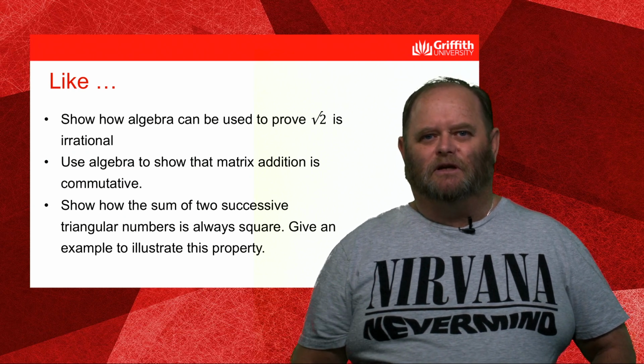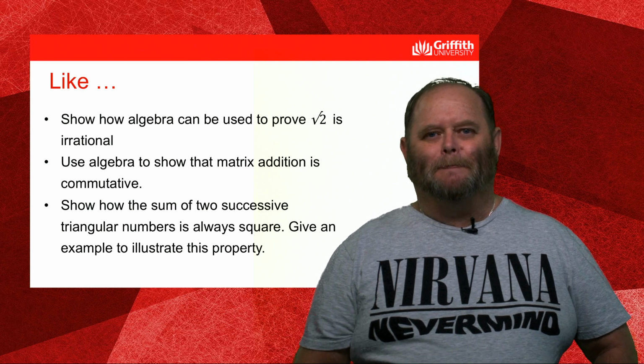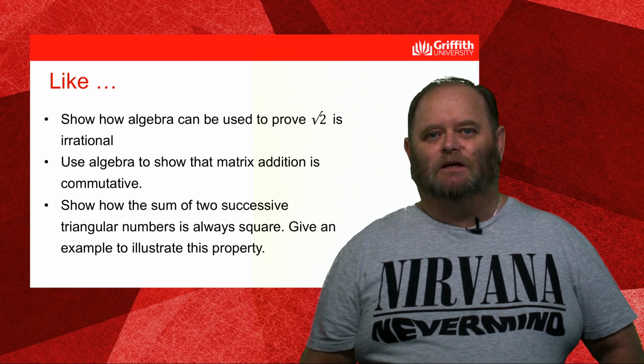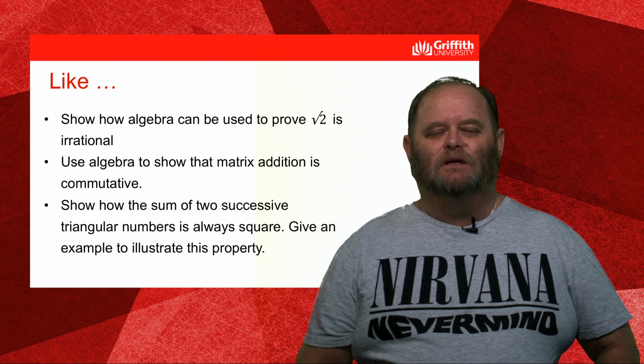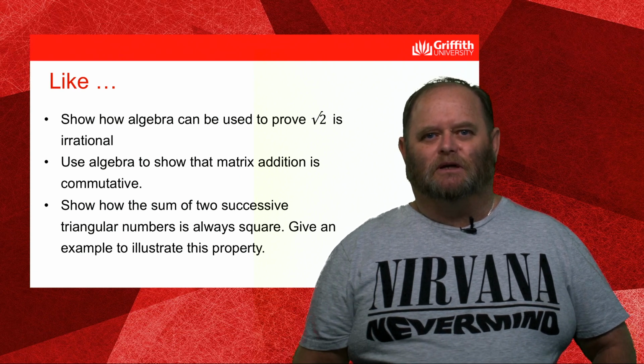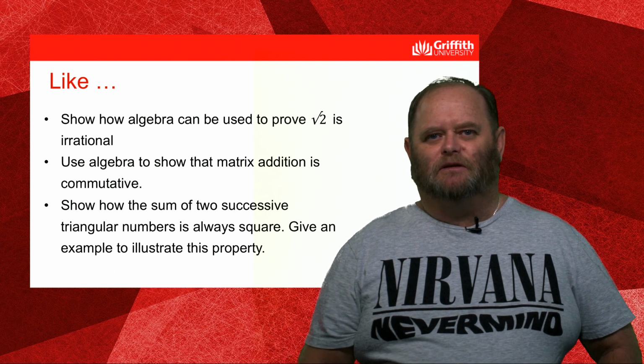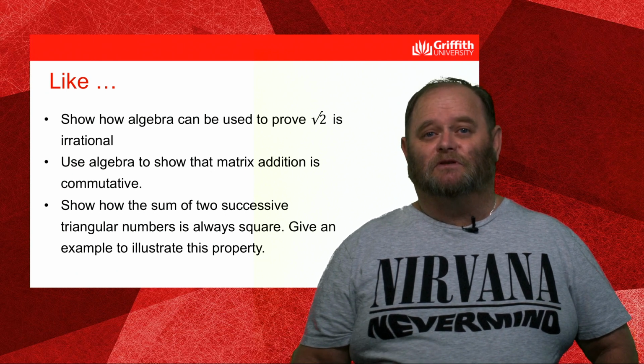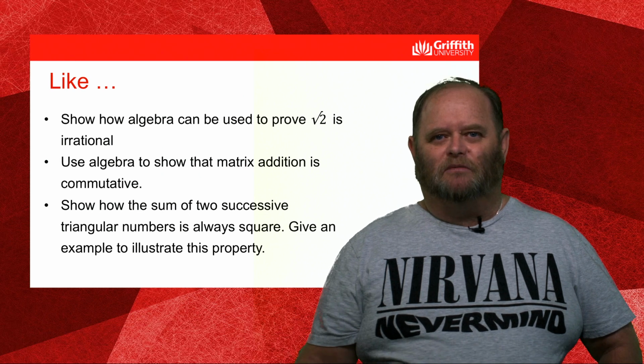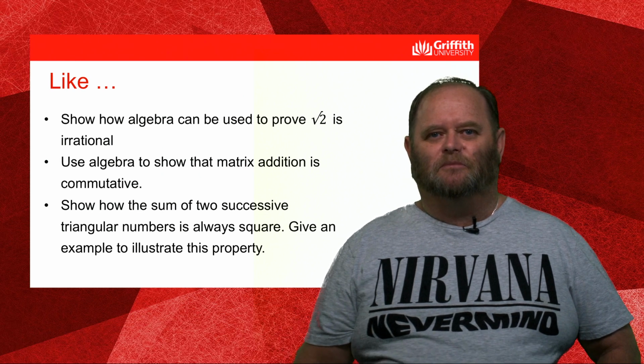One activity that I used to like to do, I'd start in Year 10, but when we get into Maths-C we use a little bit more complex way of looking at it, would be to show that two successive triangular numbers make a square number. So in Year 10 I might be using diagrams to do that and a little bit of algebra.